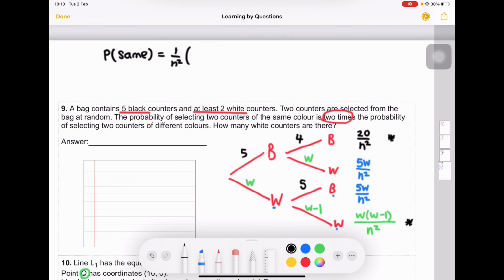And in brackets, I'll write 20 plus w times w take away 1. So this is just 20 plus w squared, take away w.